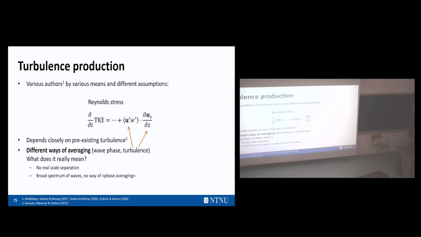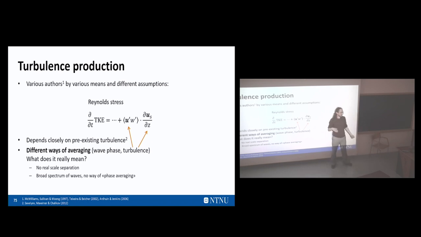Now, what I've also been interested in is how you actually do this averaging in a consistent way. One thing is you take your theory and assume monochromatic waves. Well, that's fine, then you can just average over the phase and the waves are gone.